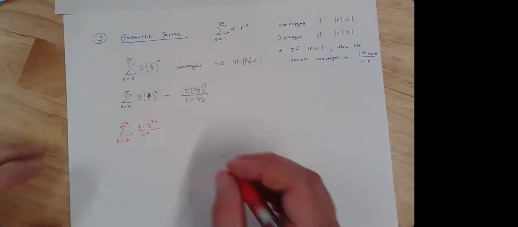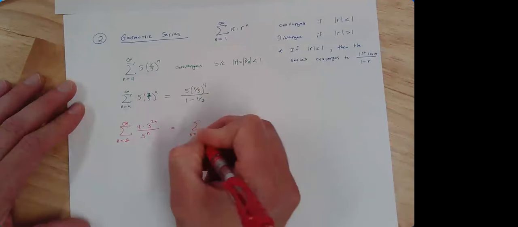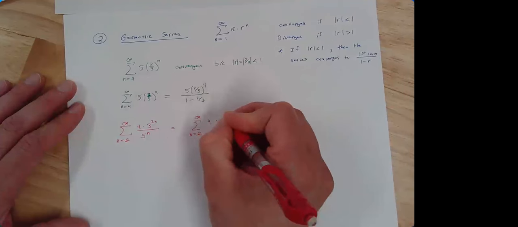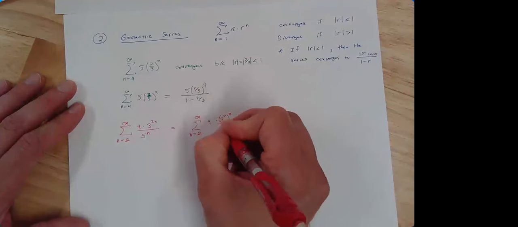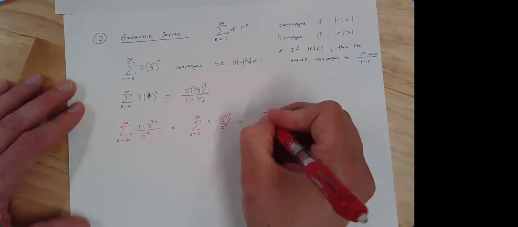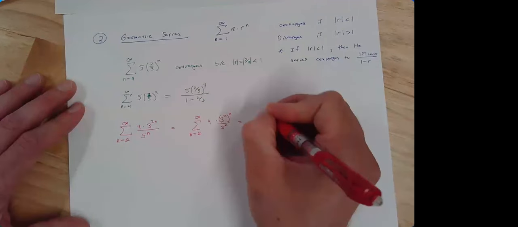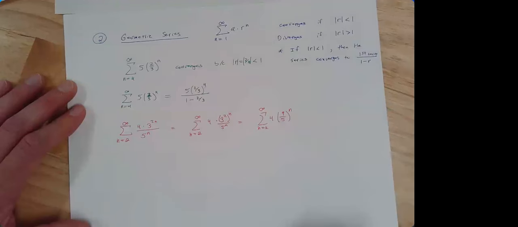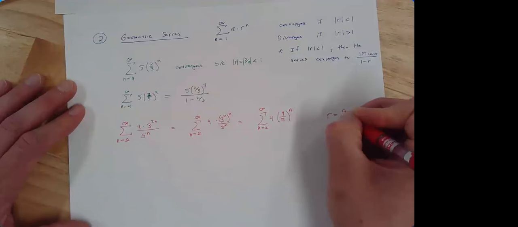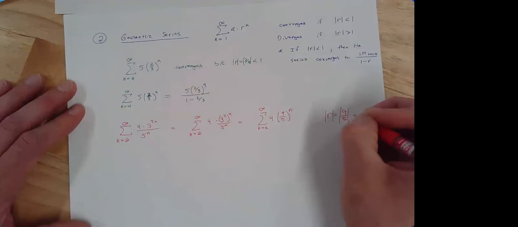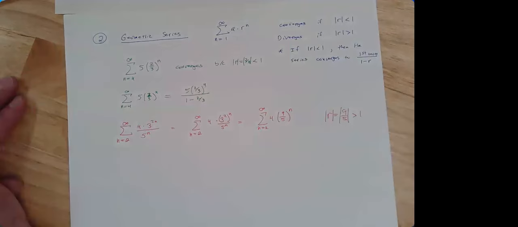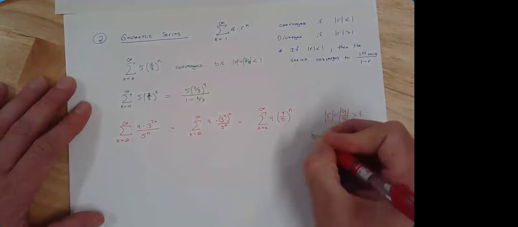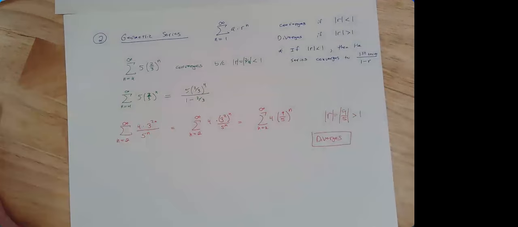This is equal to the sum from n equals 2 to infinity of 4 times 3 squared to the nth power over 5 to the n. Or as I would write this, the sum from n equals 2 to infinity of 4 times 9/5 to the nth power. Oh, my ratio here is 9/5. And the absolute value of that is bigger than 1. So this definitely diverges. Cool.